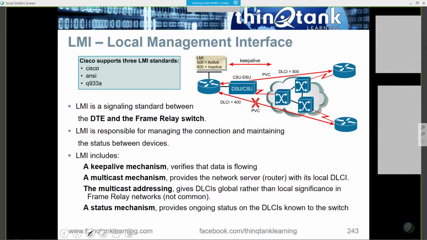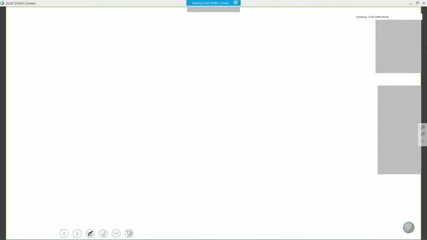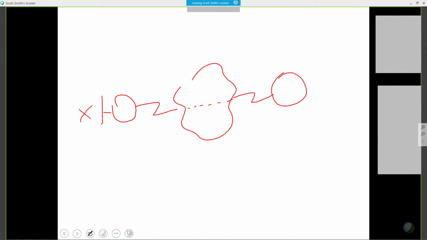So here's how LMI works. You've got a router with a circuit going to a frame relay cloud, another circuit going to another router, okay? You've got network X back here, you've got network Y over here. DLCI 100 here, I'll put DLCI 200 here.